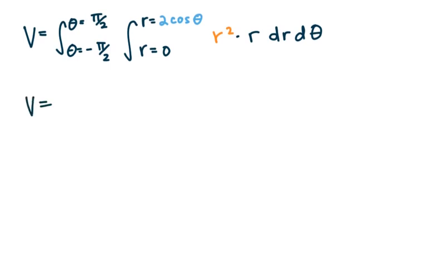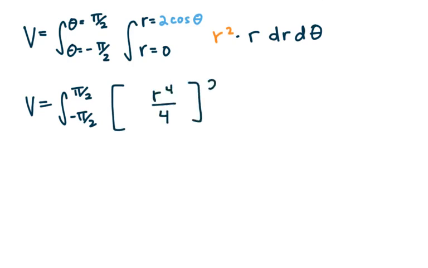We've got negative pi over 2 to pi over 2. And I'm going to integrate r cubed, which is going to be r to the 4th over 4. So I now have r to the 4th over 4 from 2 cosine theta for my r and 0, d theta.